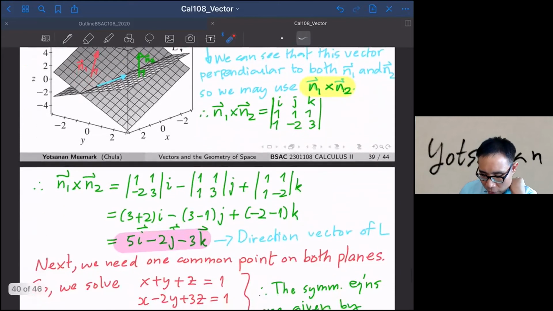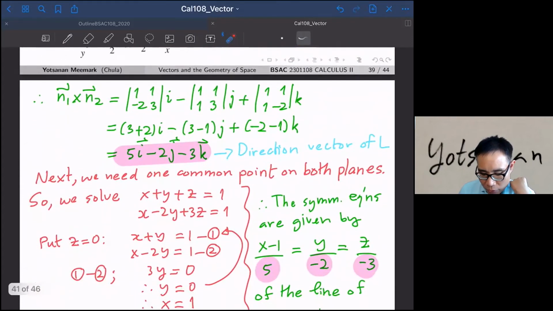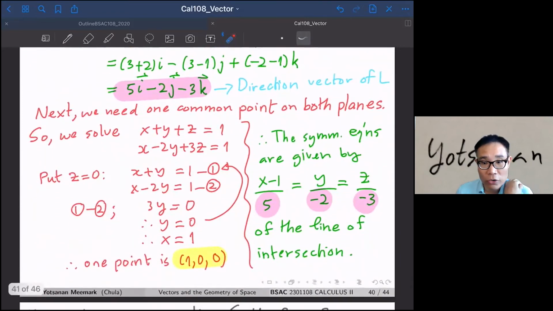And when you have n1 cross n2, you're gonna find the common point. The way to find the common point is you just get rid of one variable by letting it be 0, and solve the system of equations simultaneously for x and y. Okay, and that will give you the equation of the line of intersection.